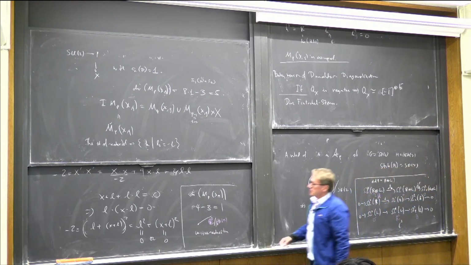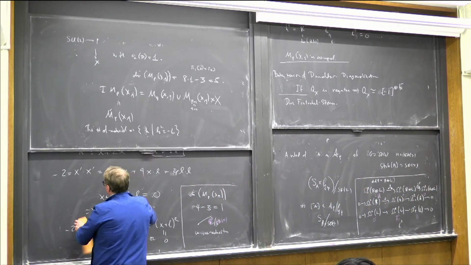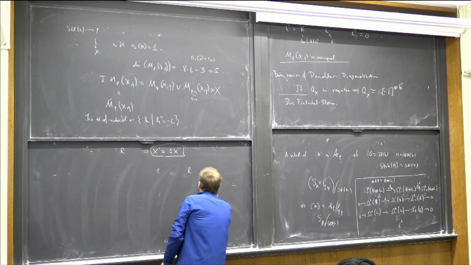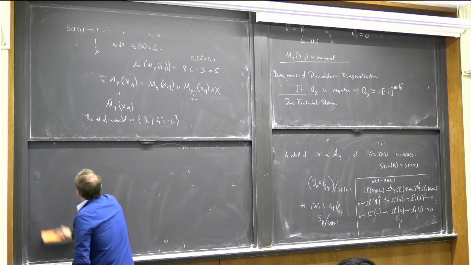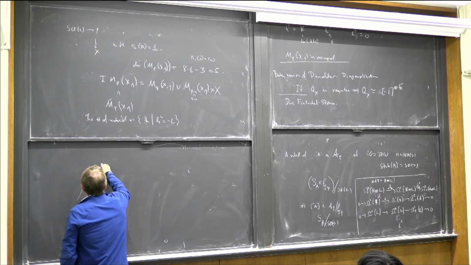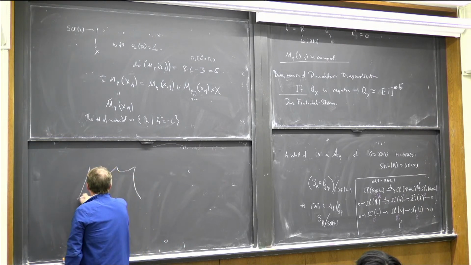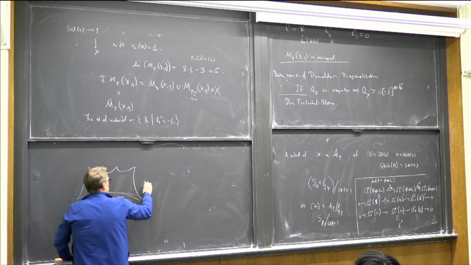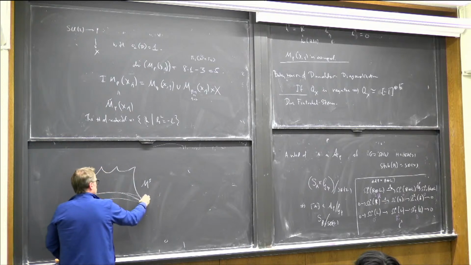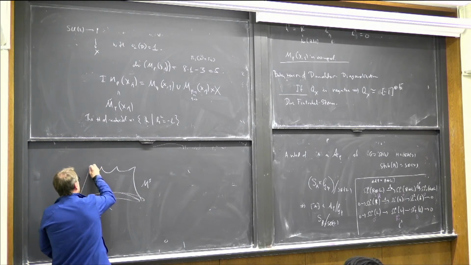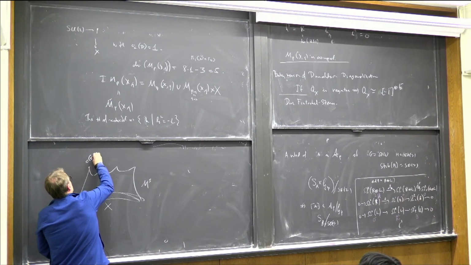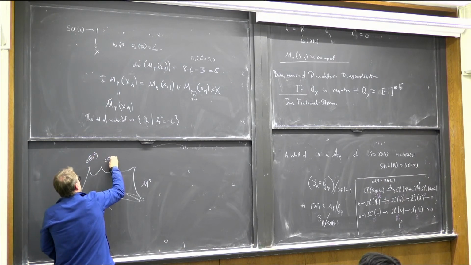So the picture is that this moduli space looks like it's got this 5-dimensional moduli space. Part of its boundary is X, and then these look like cones on CP2.